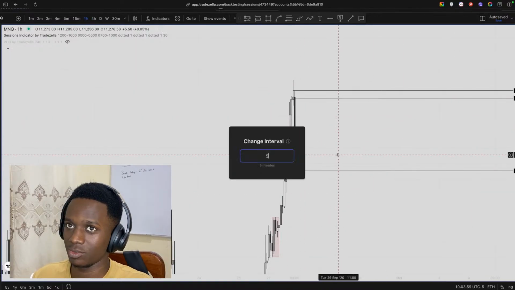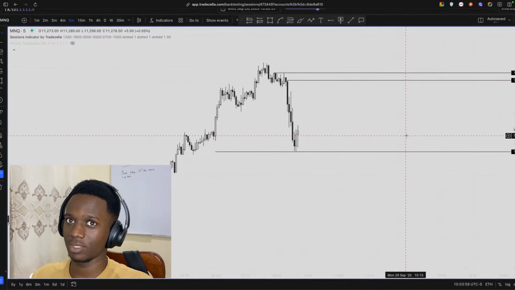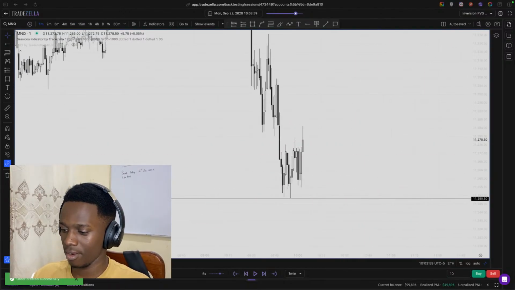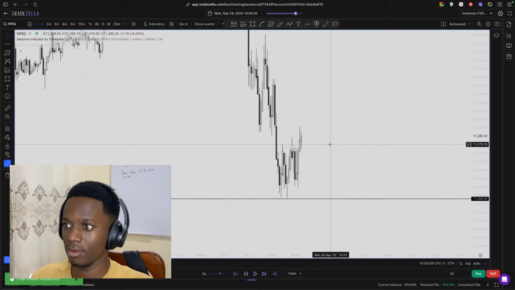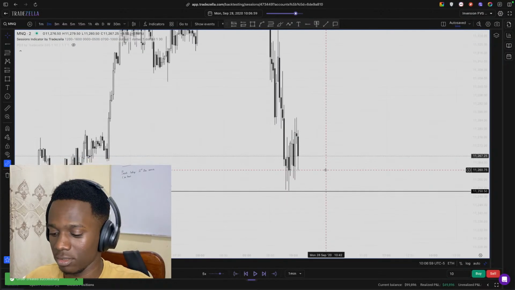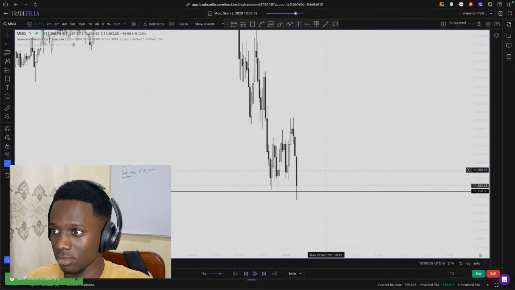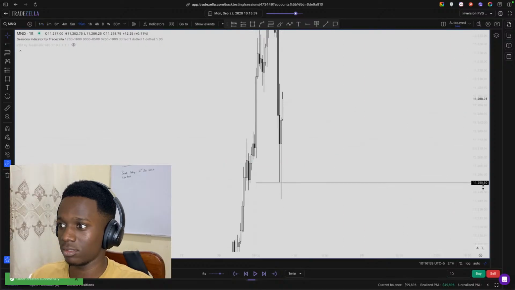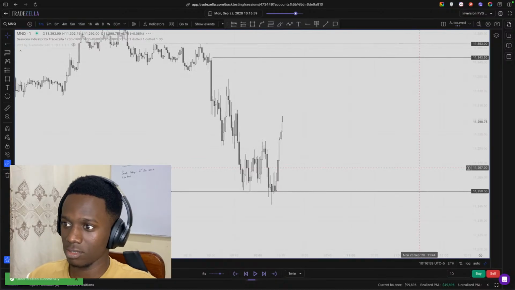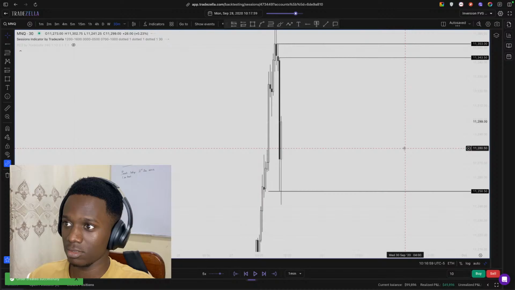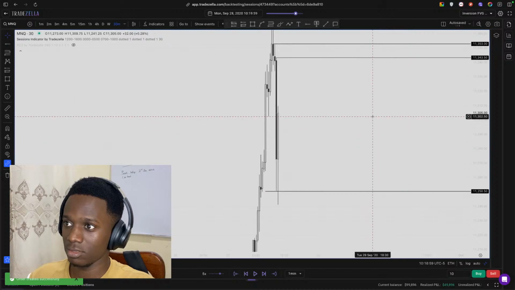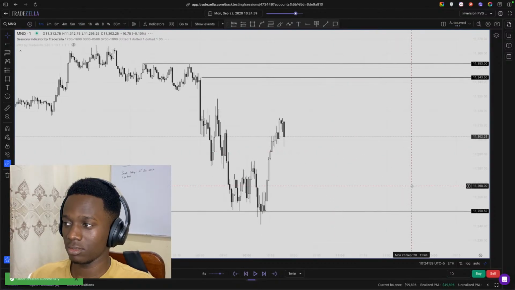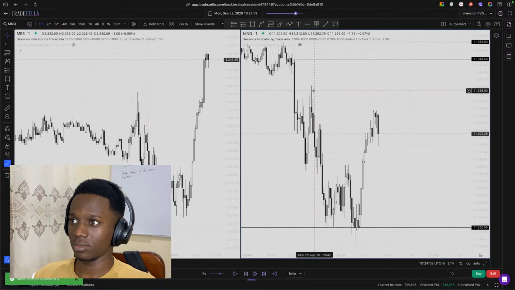I have a 1 hour inversion, so PO3 of this next candle, I anticipate it to be bearish. There's a crazy SMT at these highs.